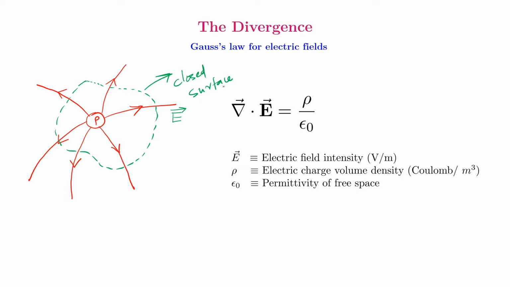Then according to Gauss's law, the flux of that field passing through any closed surface is proportional to the charge density contained within that surface. Or mathematically, del dot E equal to ρ divided by epsilon 0, where epsilon 0 is the permittivity of free space. Obviously, if there are no charges, then del dot E will be equal to 0. So this is known as Gauss's law for electric fields.